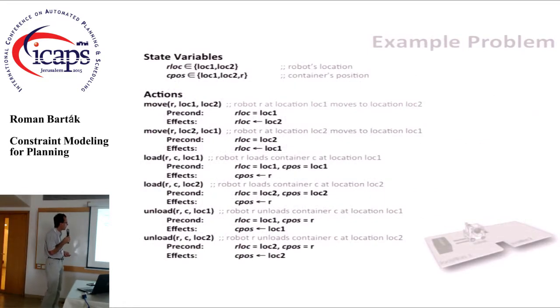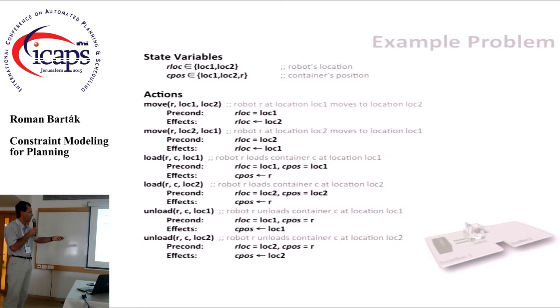So this is an example that I will be using when I show specific examples of constraints. A very simple problem. We have one robot, 2 locations, and one container, and the container can be at 2 locations, or it can be loaded on the robot. So to describe a state of the world, we use 2 state variables: location of robot with values location 1, location 2, and position of container, which could be location 1, location 2, or robot. And these are all, how many? 6 grounded actions that we can use: moving the robot from one location to another.